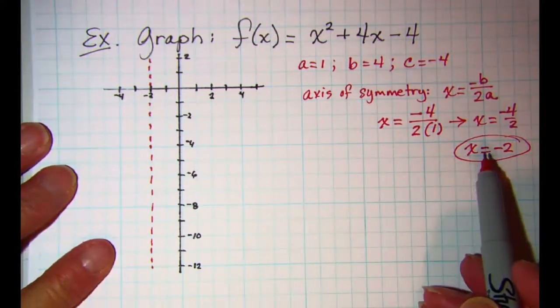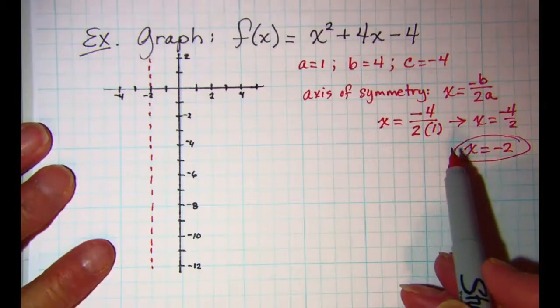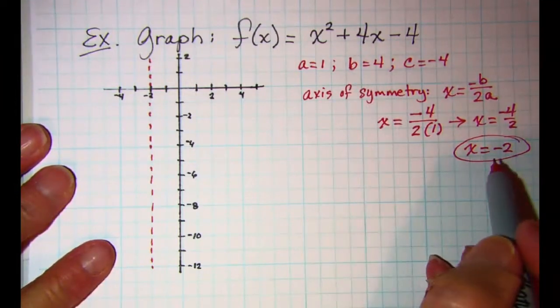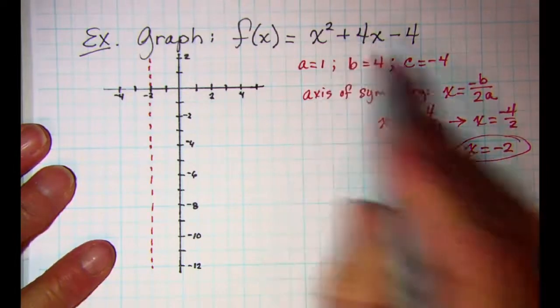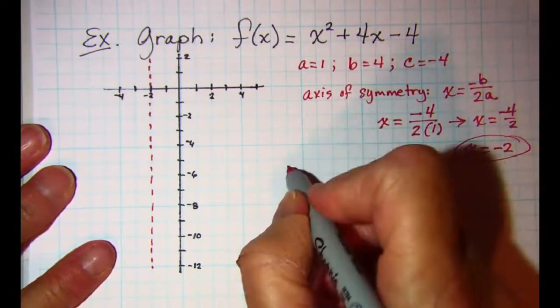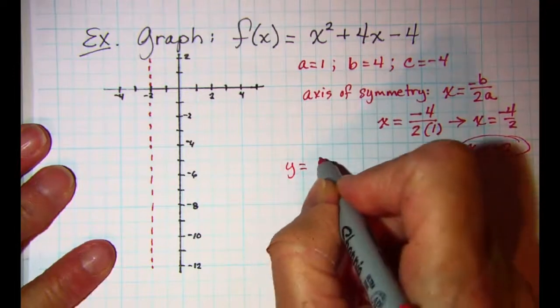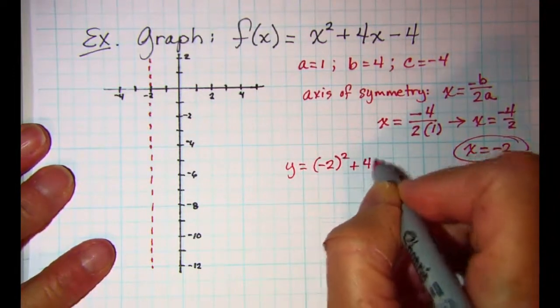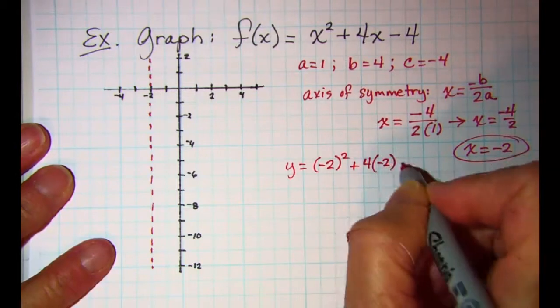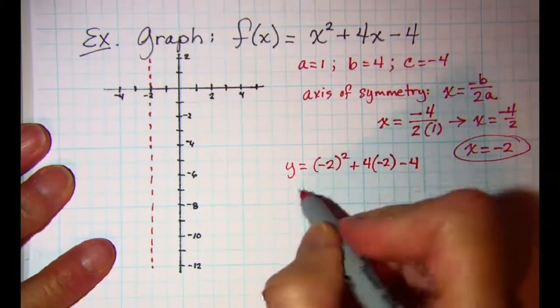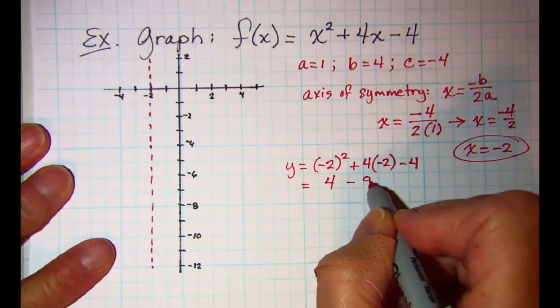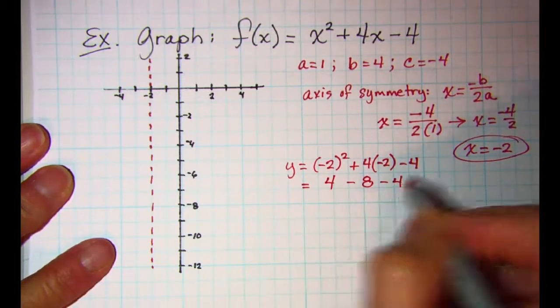Now to find the y-coordinate of our vertex, we need to just put this negative 2 value back into our equation. So y is negative 2 squared plus 4 times negative 2 minus 4. So my y value is 4 minus 8 minus 4.